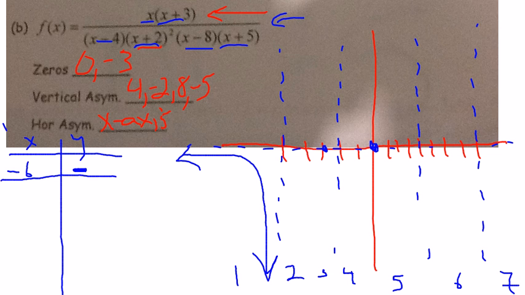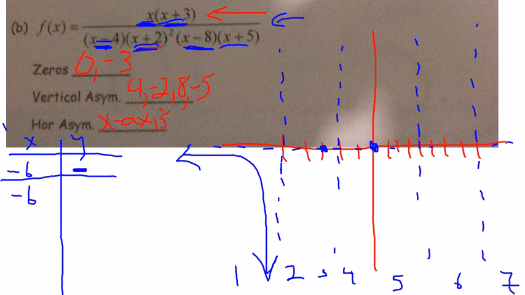Now in region 2, I'm going to go between the asymptote and the 0. So that is 1, 2, 3, 4. That's negative 4 that I'm going to plug in. I'll do the same thing and keep track with my fingers. Oh shoot, I wasn't keeping track of my fingers.